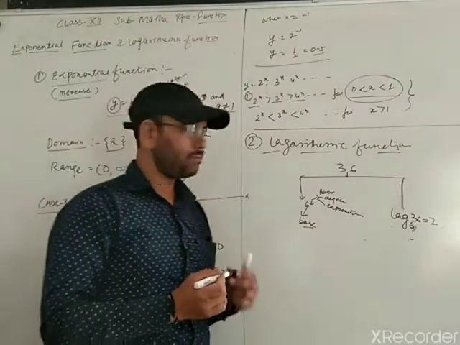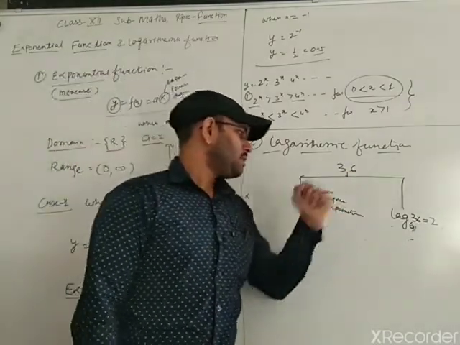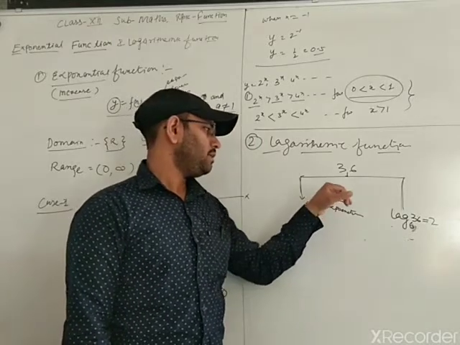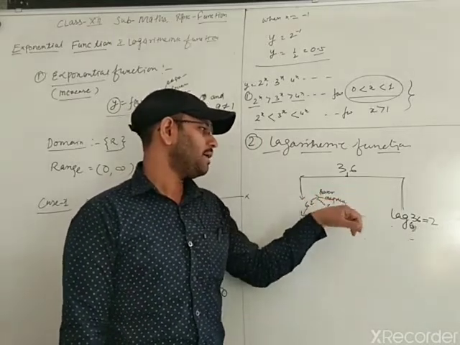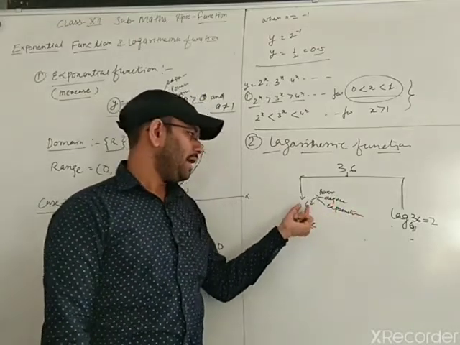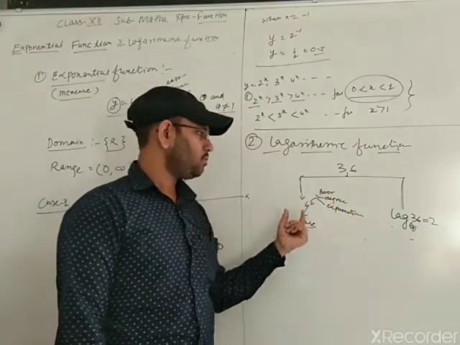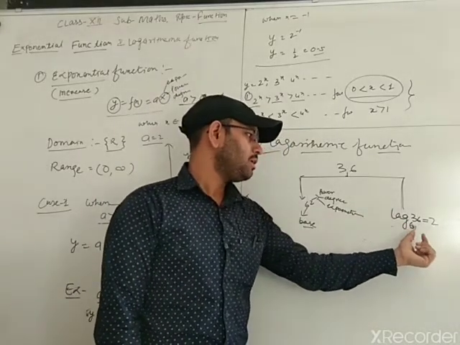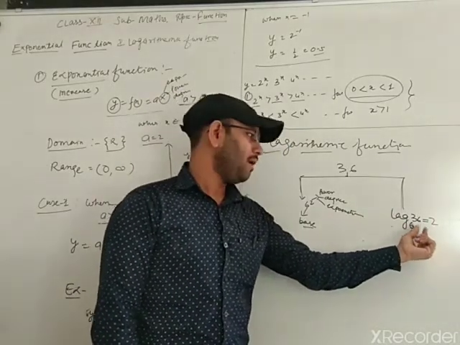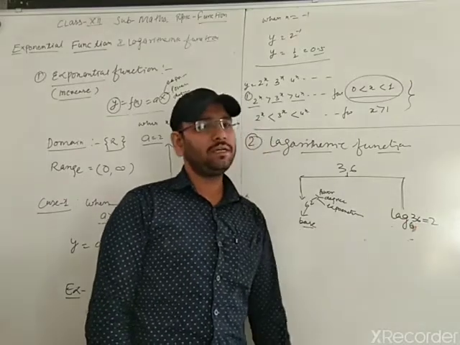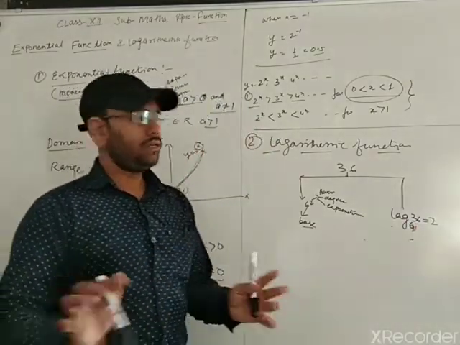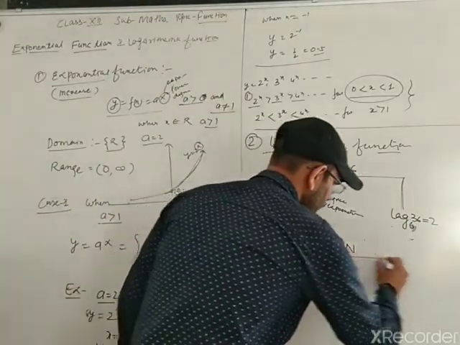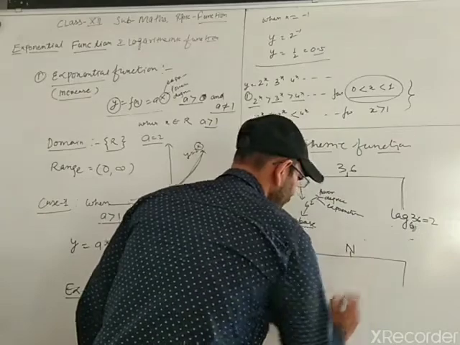Clear? Again, 36 can be written as 6 to the power 2. Here 2 is called power, degree, exponent, and 6 is called base. So this can be written in the form of a logarithm: log base 6 of the number is equal to its degree. So we can understand that any number can be written in this form.